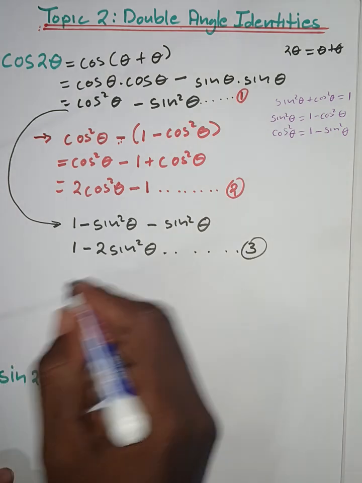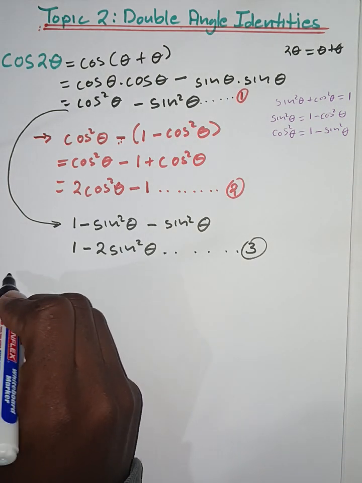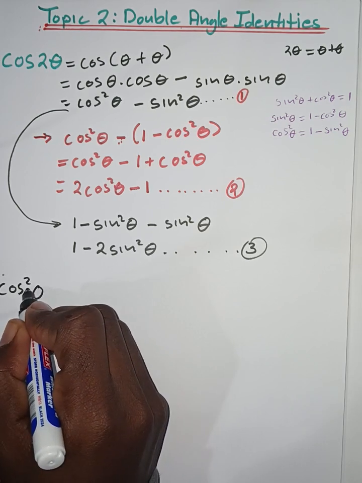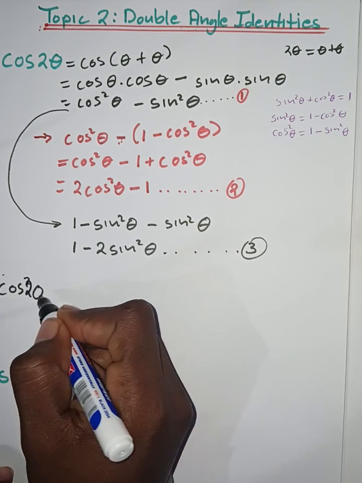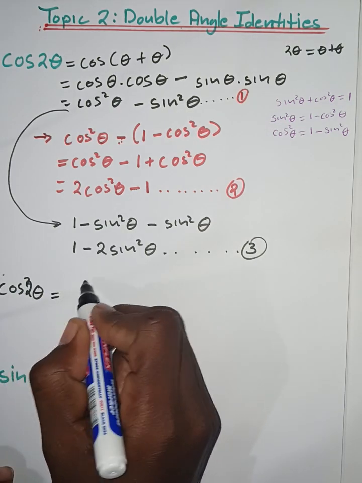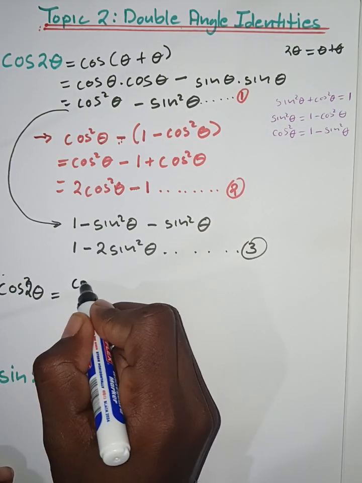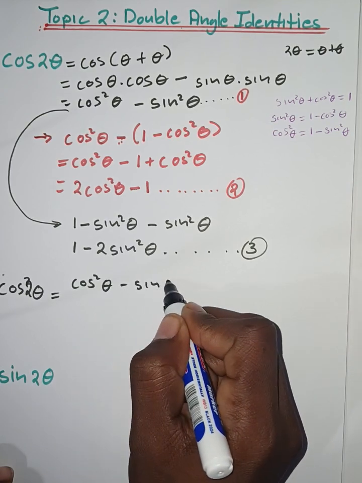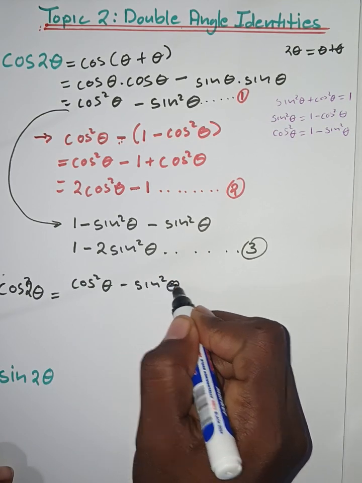Now let me just write that as a summary. We have cos of 2 theta, which is equal to cos squared of theta minus sine squared of theta.